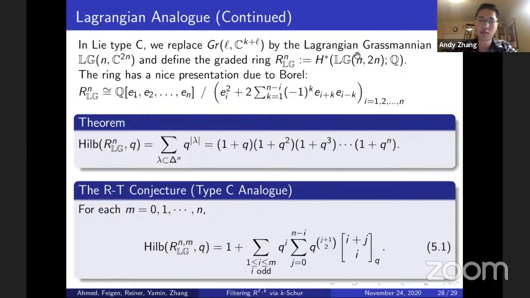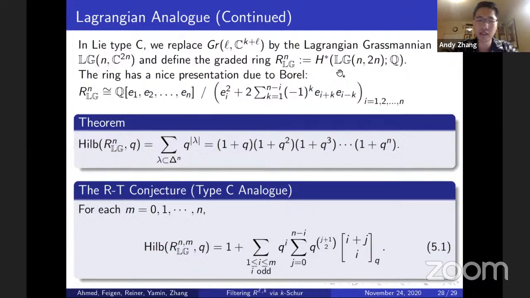And the Lagrangian Grassmannian is a parameter space for the maximal isotropic subspaces inside a symplectic vector space. And we denote that by LG(n, 2n).